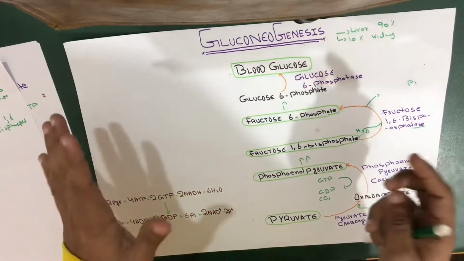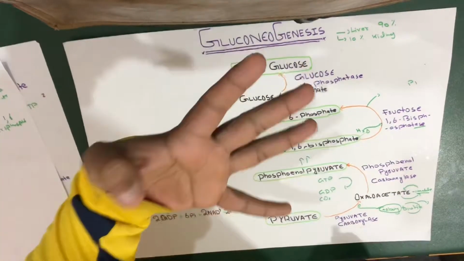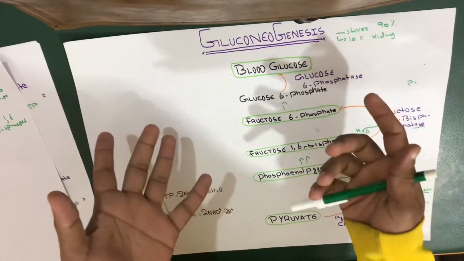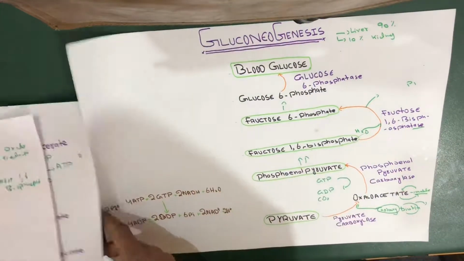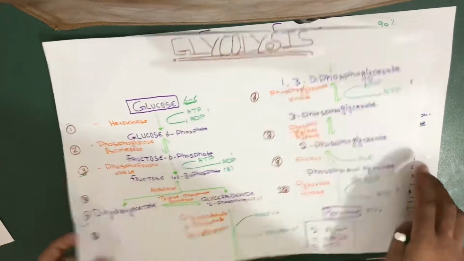Let me give it a quick review. We have to follow a 4-step reaction, which is called gluconeogenesis, which is kind of opposite to glycolysis, but not exactly opposite, because we have to bypass the irreversible reactions. How are we going to do it?